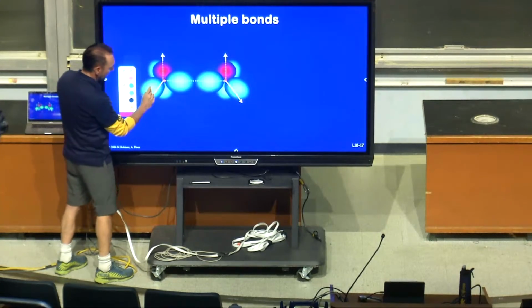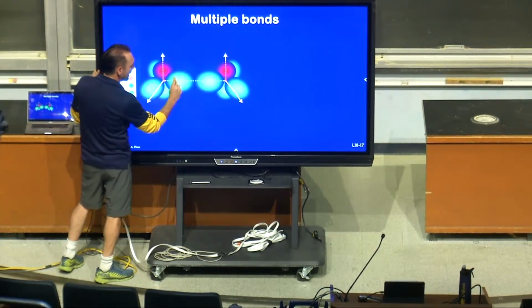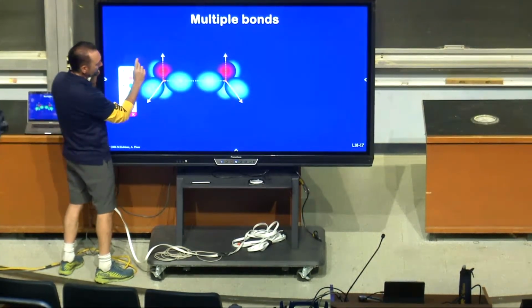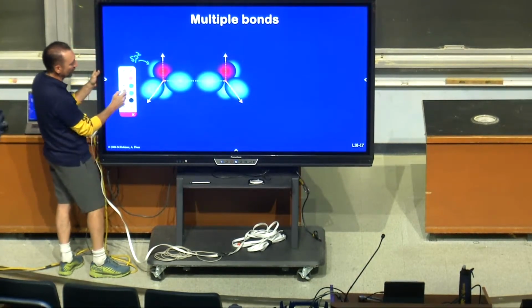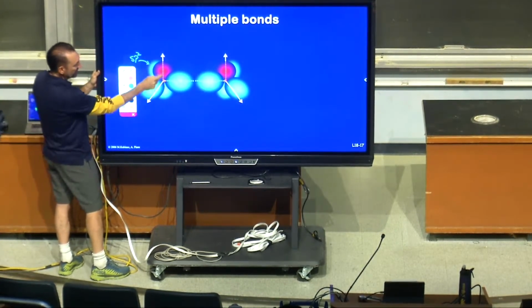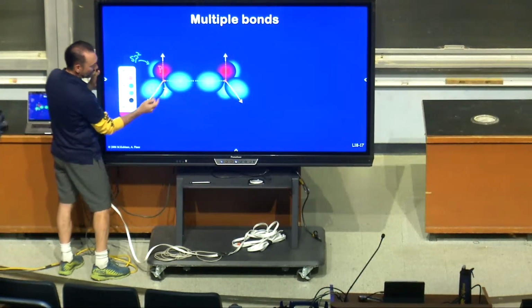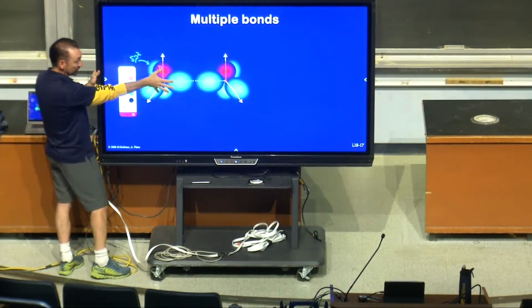So there's an sp2 orbital there, and then back here, that's an sp2. So there are 3 of those. This red and green is the leftover p orbital. And of course, there aren't 2 of them. This is 1 p orbital.